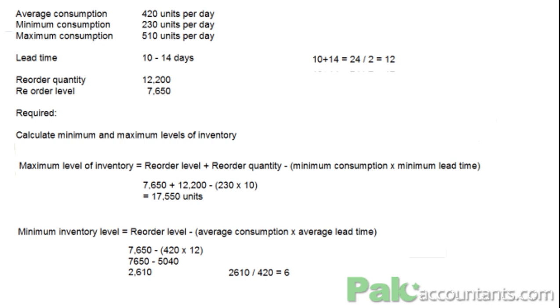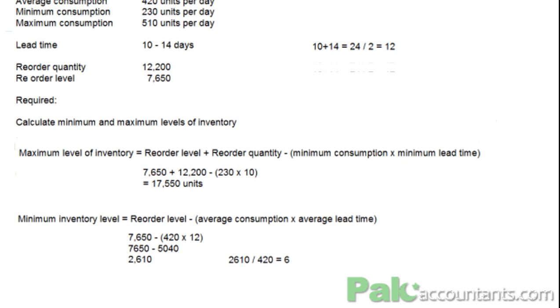So 6 days only you have when you touch the minimum inventory level, you must be arranging raw material within 6 days. It can be lesser than that. At the worst possible situation, if you are consuming goods at maximum pace, that is 510, then in that case, at max, you have how much time? Only 5 days.